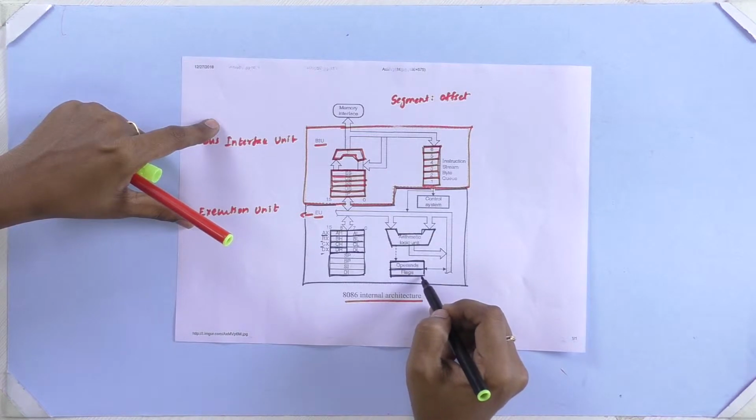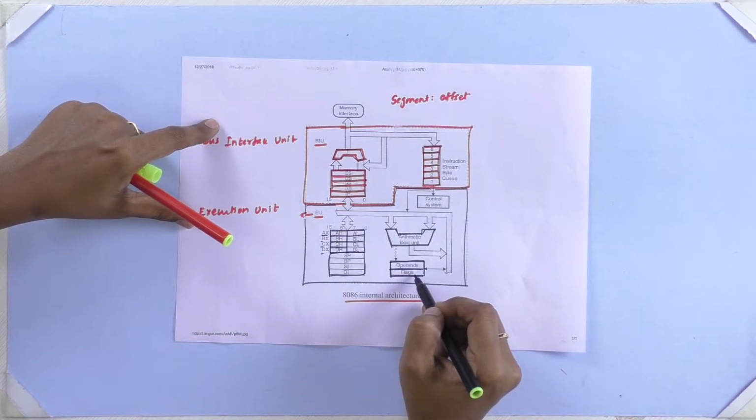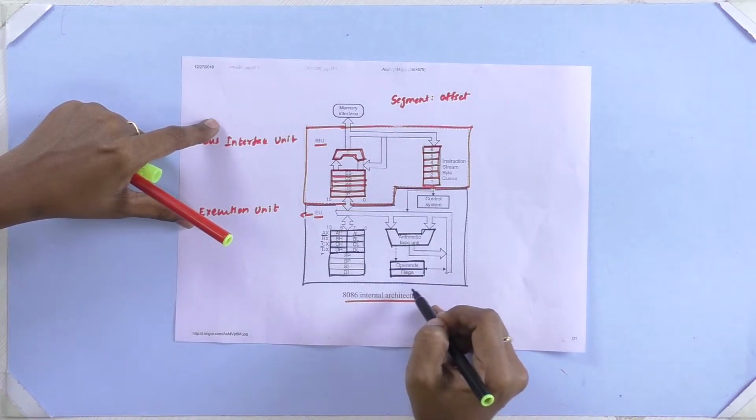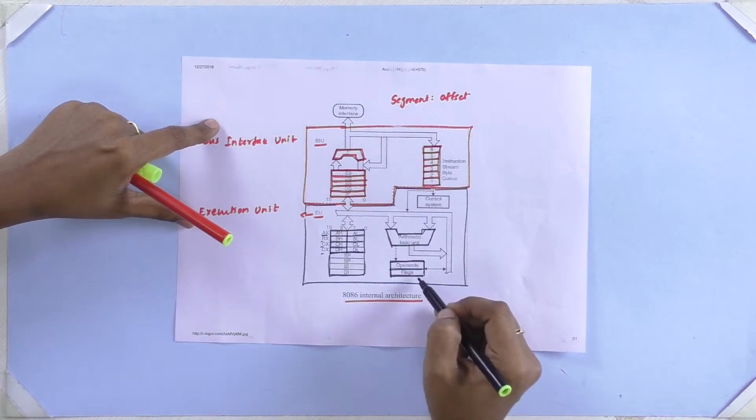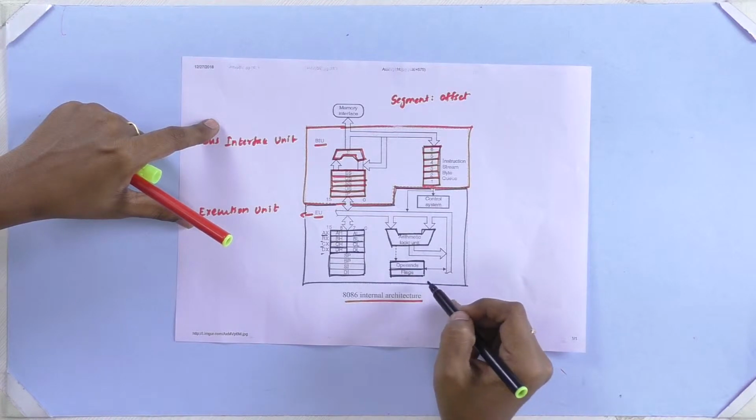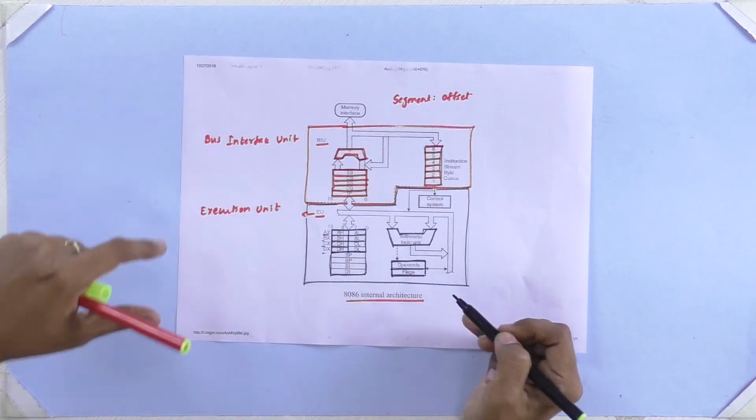We have already discussed that flags are classified into two categories: status flags and control flags. The status flags are auxiliary carry flag, parity flag, sign flag, zero flag and overflow flag. And the 3 types of control flags are trap flag, interrupt flag and direction flag.